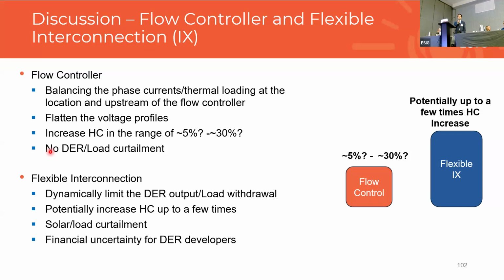They increased the DER hosting capacity from 7.6 megawatts to 15 megawatts with modest curtailment. That depends on how much curtailment you can accept. And one caveat, particularly for solar or other DERs, is the financial uncertainty for the DER developers, and how do you accommodate that?